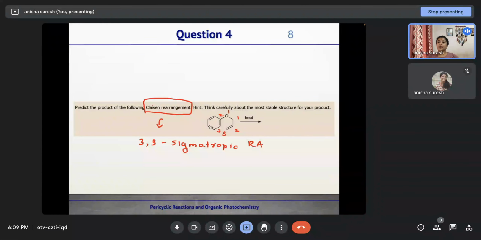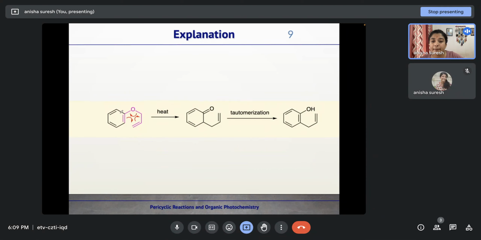Here the aromatic double bond is taking part in the rearrangement. So this double bond will go and attack over here. This double bond will break, shift over here. This bond will break and it will lead to formation of a carbonyl. So this is the system that we will get.